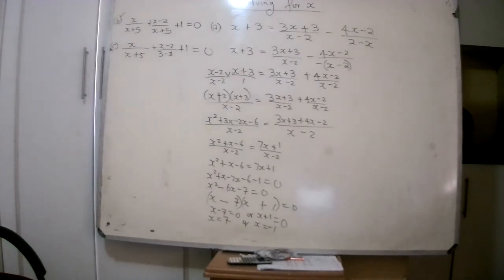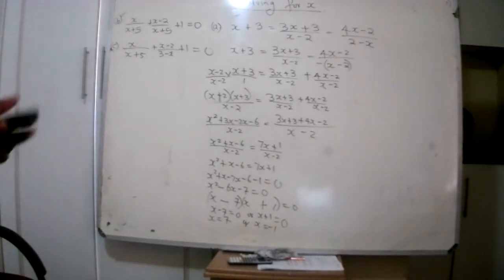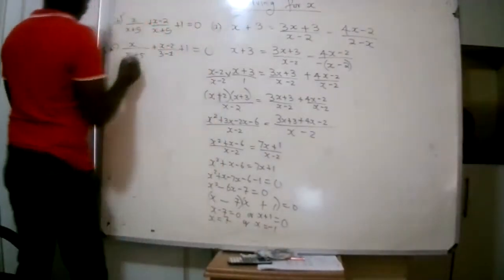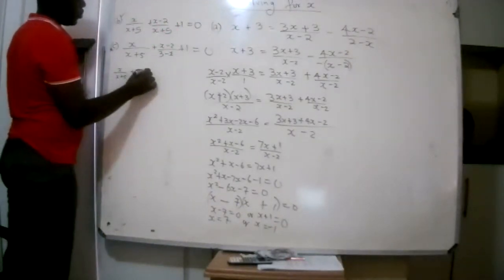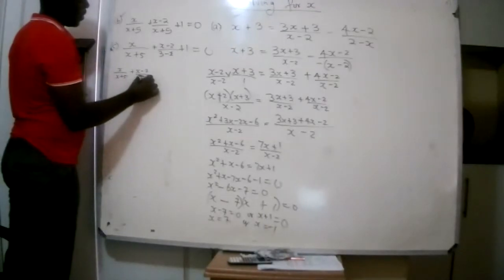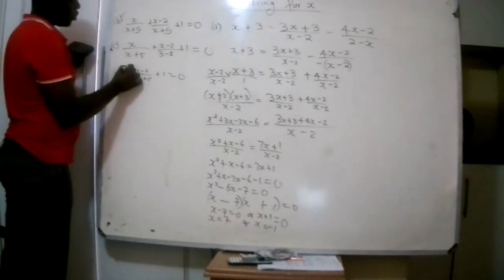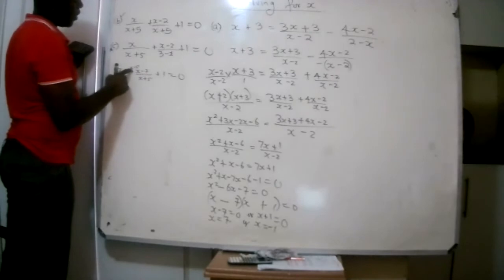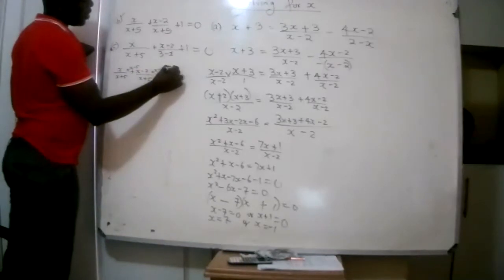Okay, let me check what you obtained here. I can see you got it right. So x divided by x plus 5 plus x minus 2 divided by x plus 5 plus 1 equal to 0. So we multiply by x plus 5.